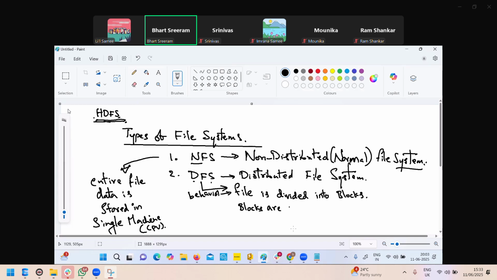Blocks are distributed across multiple nodes of the cluster.